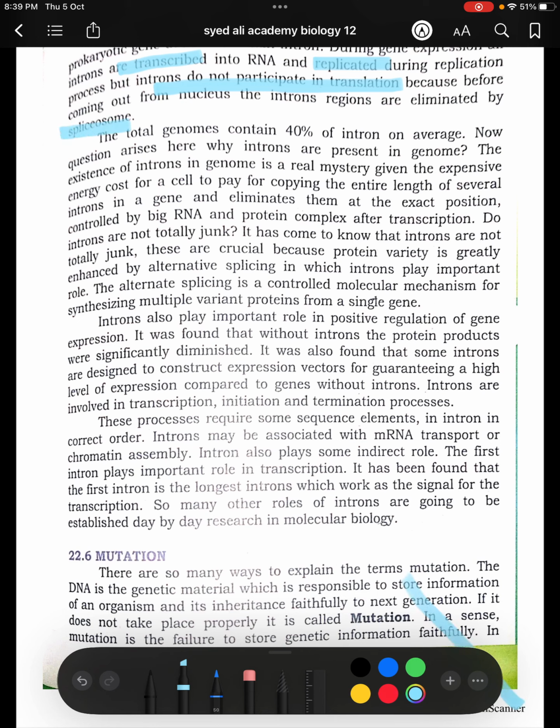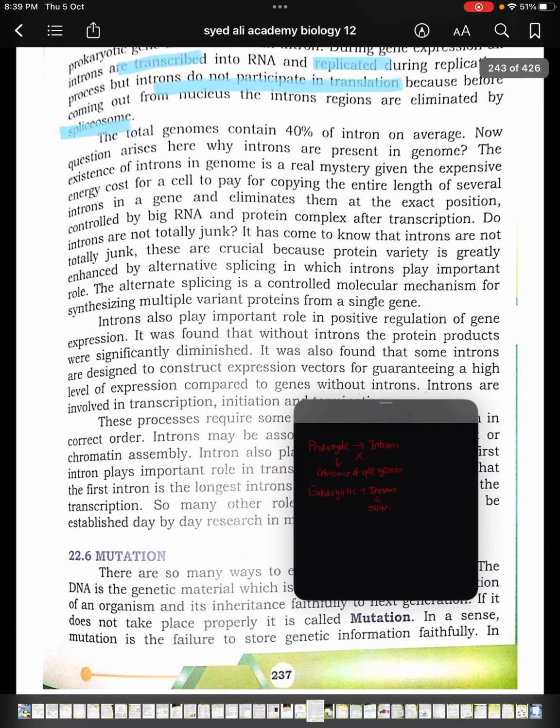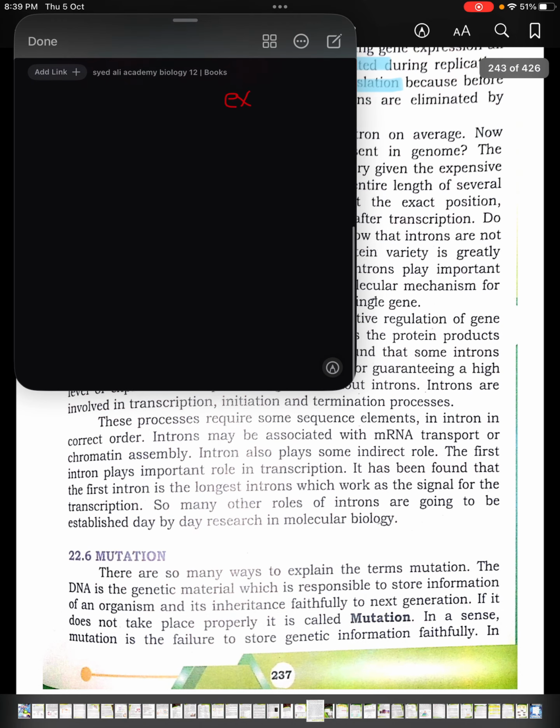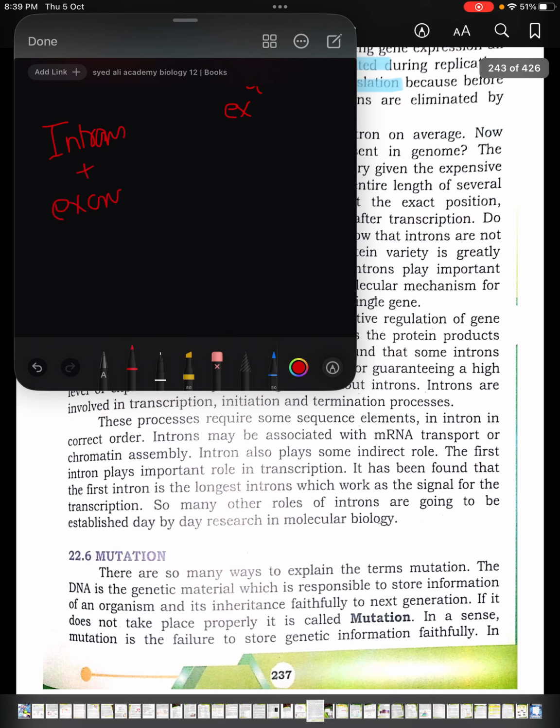Now what is this? Basically, as we know, introns plus exons go through the process of replication plus transcription, but as the result of transcription we get pre-mRNA, which cannot move out of the nucleus.